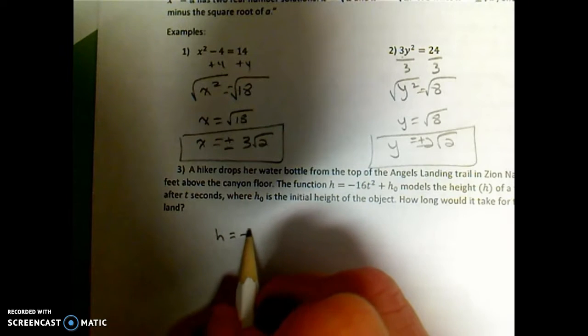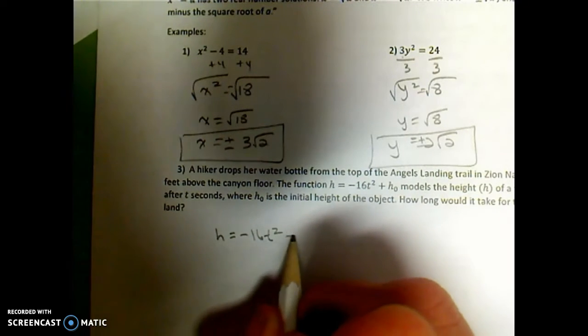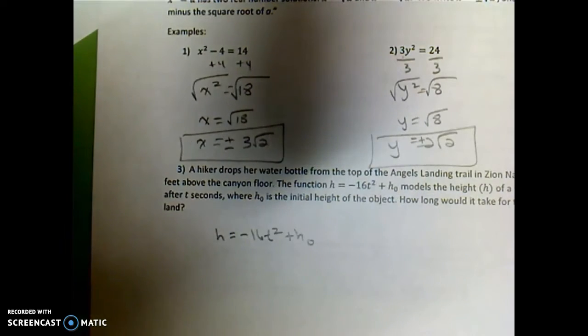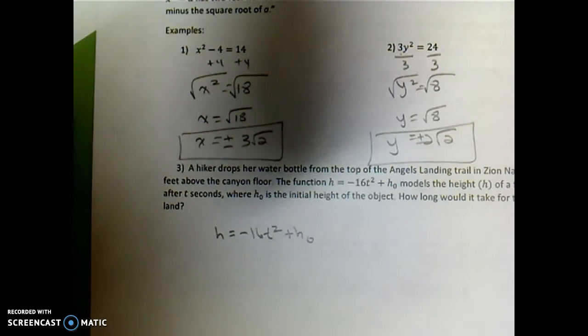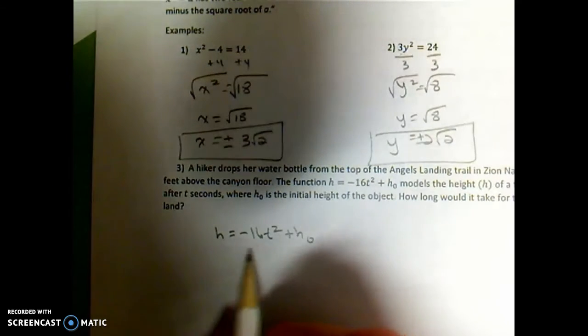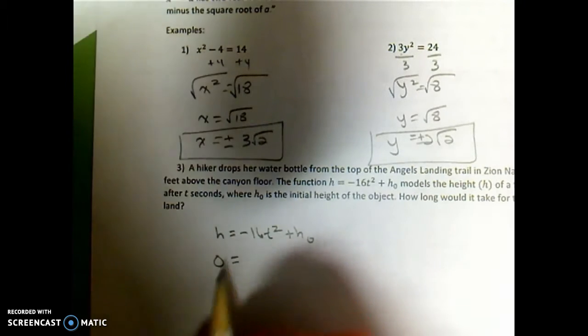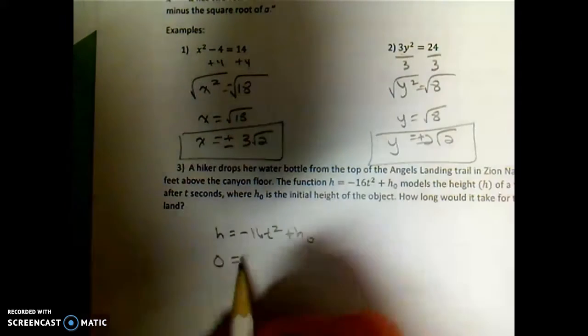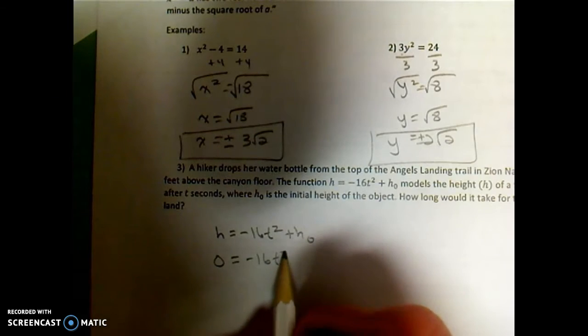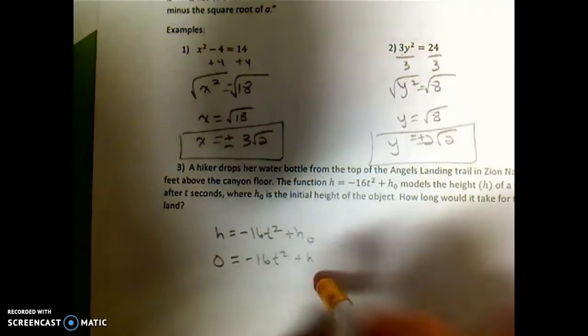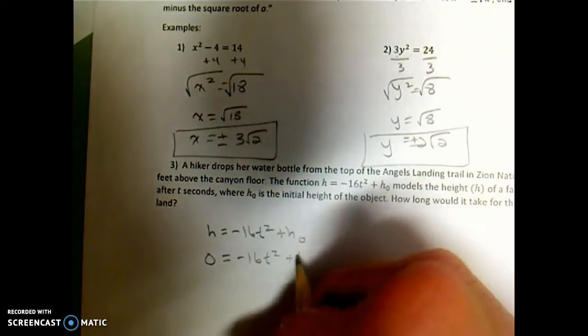So height equals negative 16t squared plus the initial height. Let's go ahead and solve this. We're interested in when will the height be 0 above the ground. So 0 equals negative 16t squared plus h sub 0, which is 1,488.